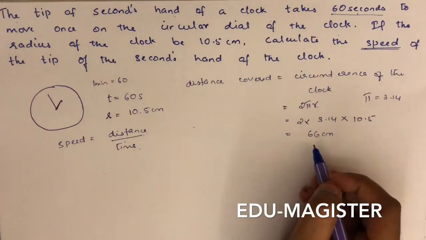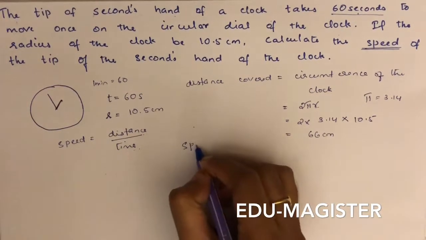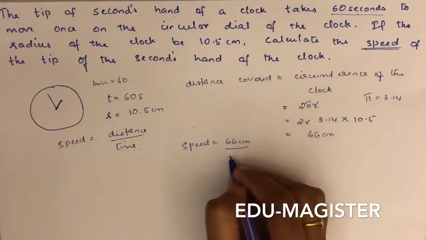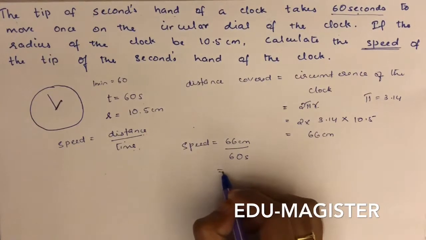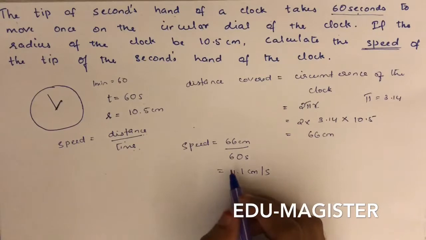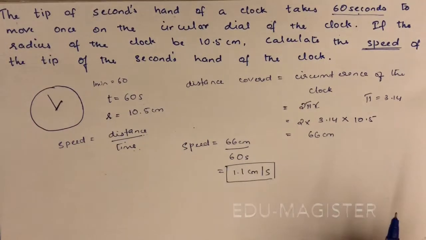Now we can calculate speed directly. That is, speed is equal to 66 centimeters by 60 seconds, that is 1.1 centimeters per second. This is the speed of the seconds hand of the clock.